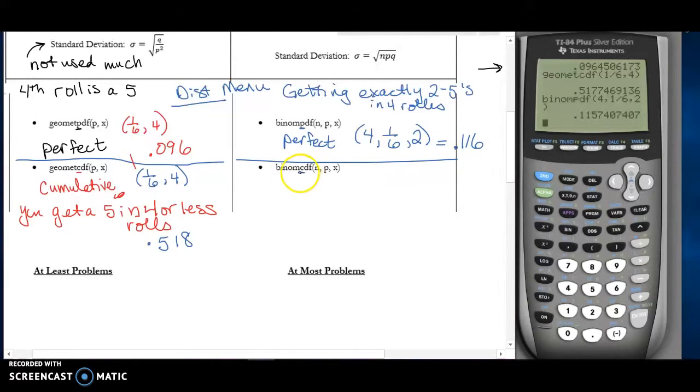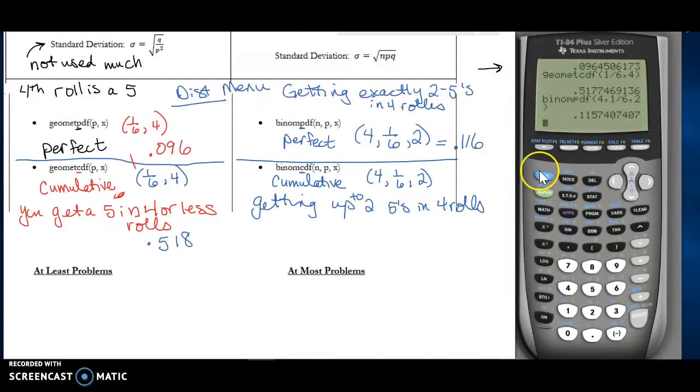Same idea for this one, it is cumulative. So getting up to 2 5s in 4 rolls. This one was saying getting exactly, this is saying getting up to, and so it's still my 4, 1/6, and 2, but now it's cumulative.